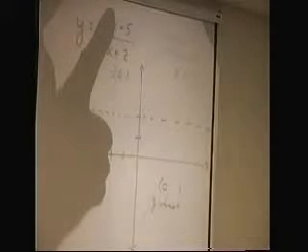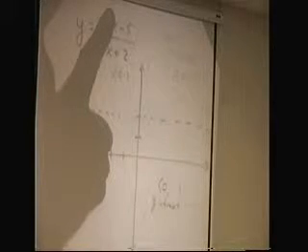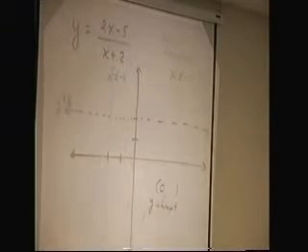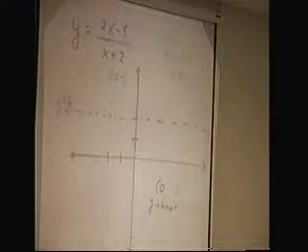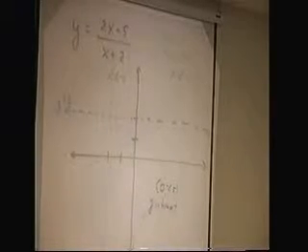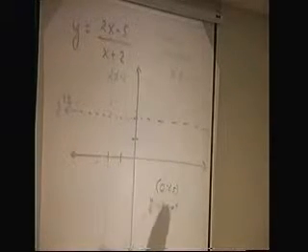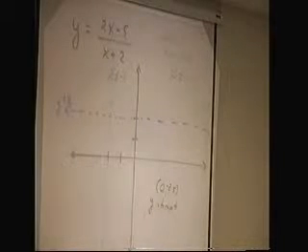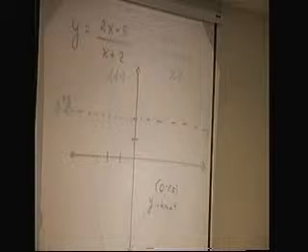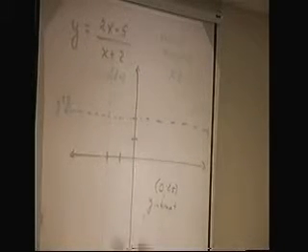Negative 5 over 2. Where's negative 5 over 2? Another way to write it: negative 2.5. Makes it easier to graph, doesn't it, than a fraction? So graph 0, negative 2.5. So you're on the y-axis. It's a y-intercept.